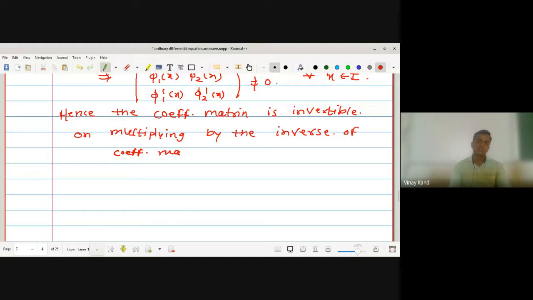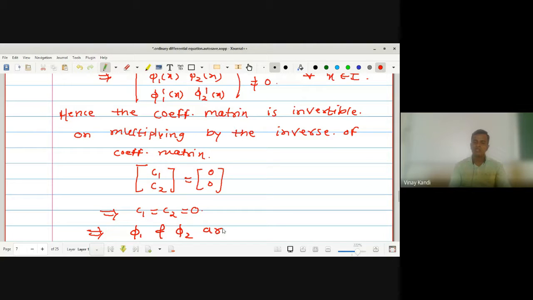That C1 and C2 is equal to 0 and 0, which implies that C1 is equal to C2 is equal to 0, which implies that phi1 and phi2 are linearly independent on any interval I.